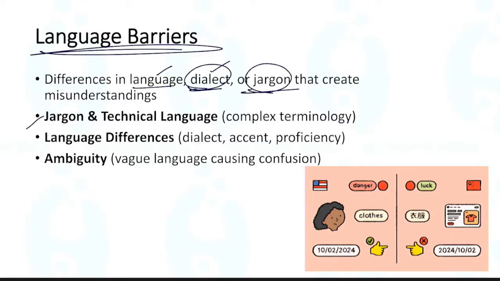First one, technical or jargon language. I've already mentioned it is the complex terminology involved in all the fields. The medical field has its own complex terminology. The engineering field, the mathematical field, the physics and chemistry fields, every field has its own complex terminology, which cannot be used with a common layman.